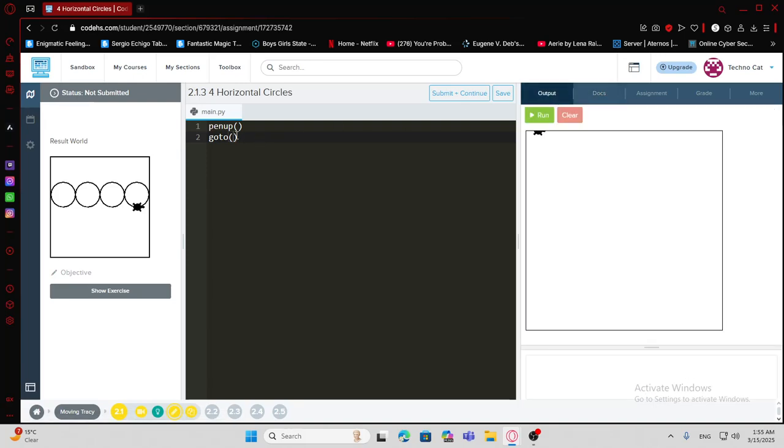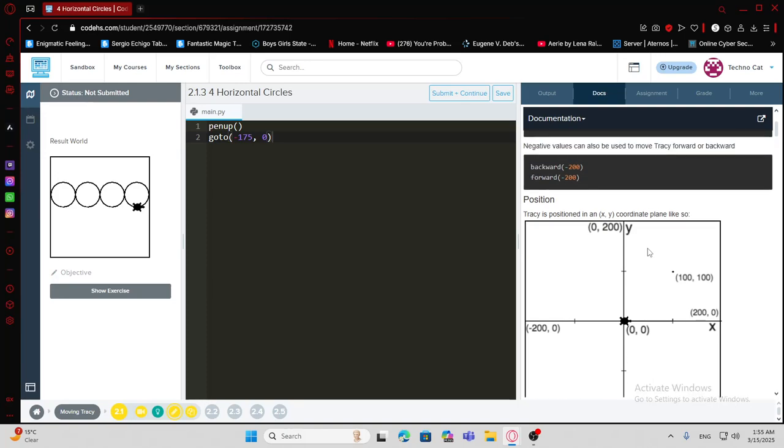So we're just gonna set Tracy to go to -175, 0. The way this works, as usual, is that your first number is the x-axis and your second number is the y-axis. So by telling Tracy to go to -175, 0, I'm just gonna go here.